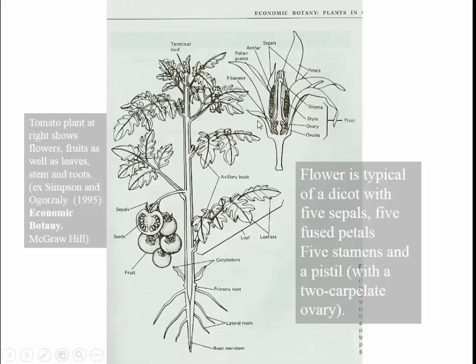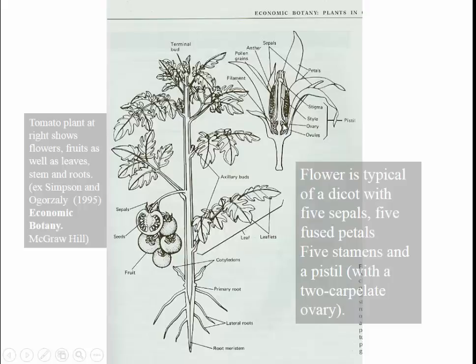Here we see a tomato plant showing the structure of the plant: roots that pursue water, leaves that capture sunlight and carbon dioxide, the stem that unites the two, flowers comprised of sepals, petals, anthers, which produce the pollen, and the pistil comprised of the ovary, style, and stigma.